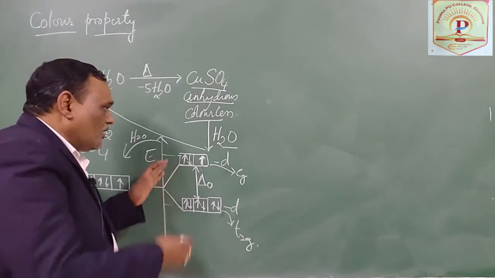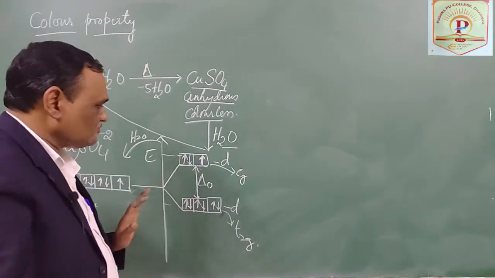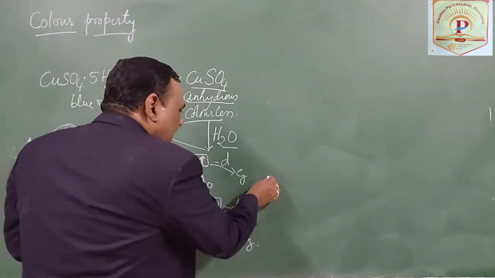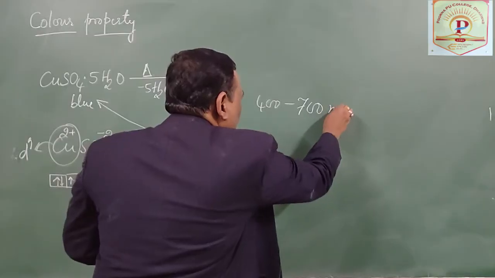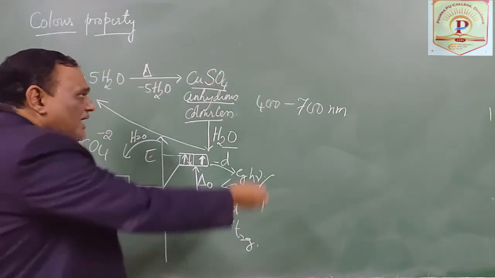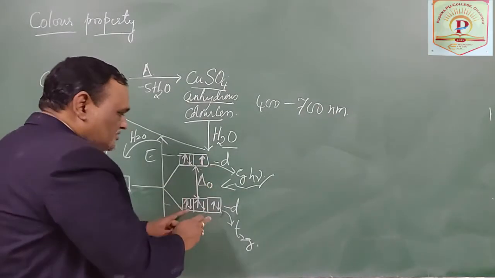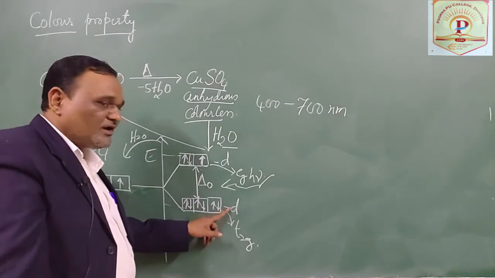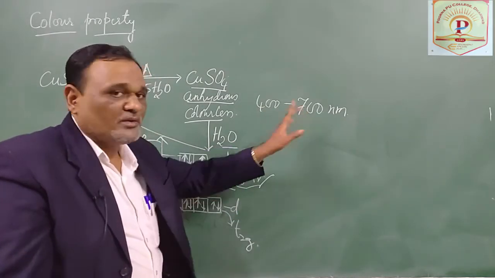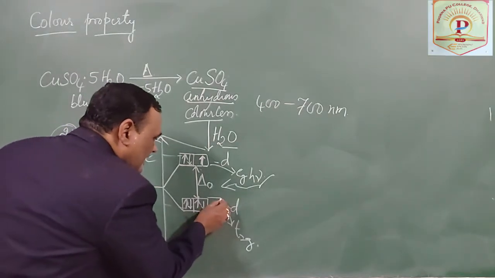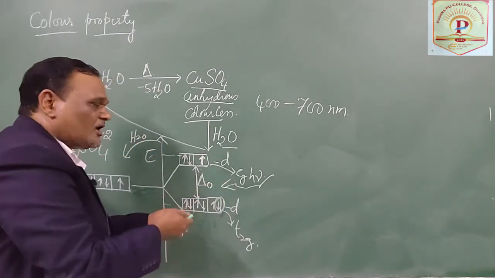So now, when water approaches the copper 2 plus ion, the splitting of the d orbitals takes place. When electromagnetic radiation in the visible region, that is 400 to 700 nanometer, falls on that material, the copper sulfate solution, the electron present in the lower energy d orbital absorbs the radiation and gets excited.